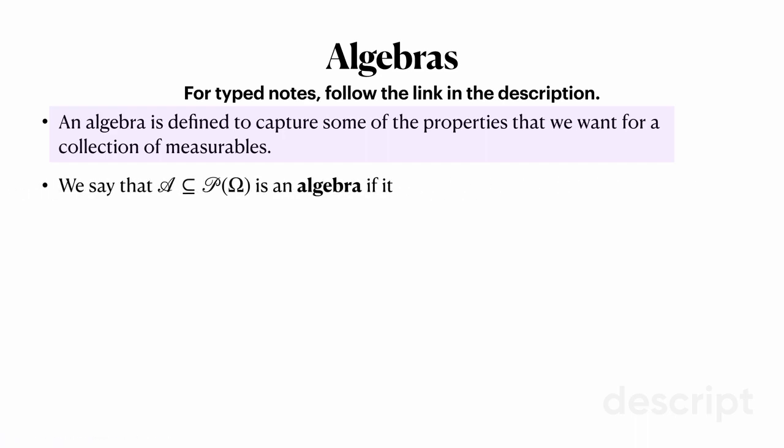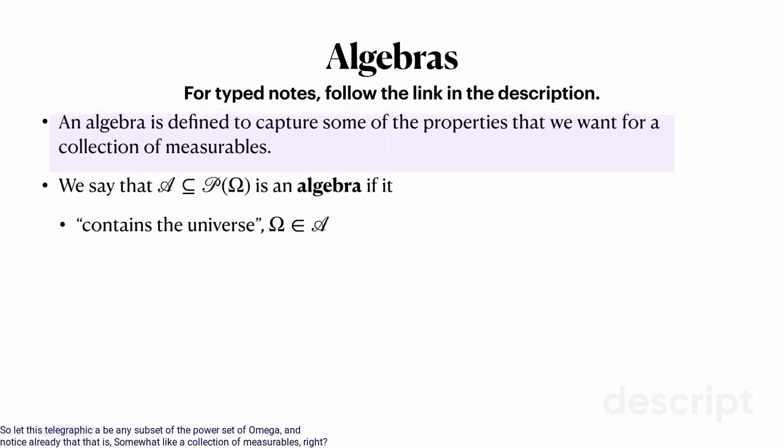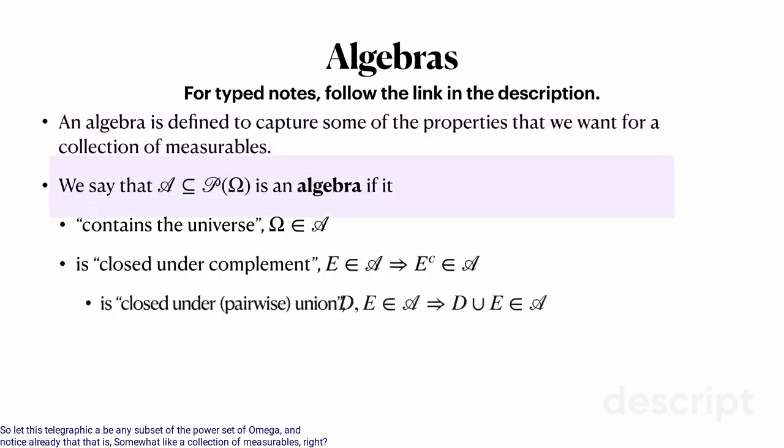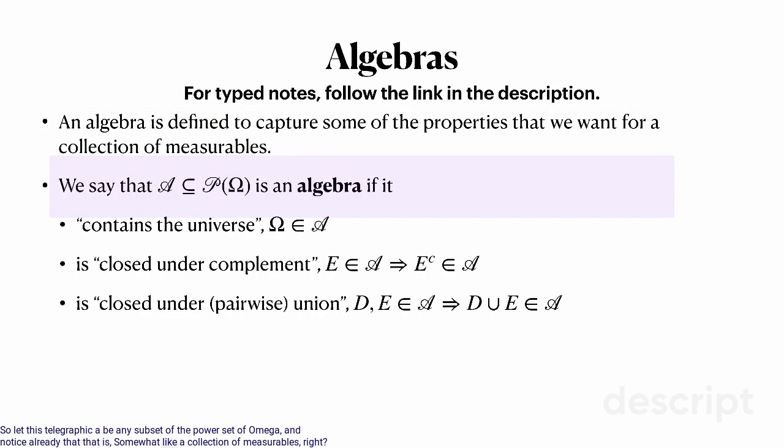Anyway, so let this calligraphic A be any subset of the power set of omega. And notice already that that is somewhat like a collection of measurables, right? A collection of measurables is always going to be a subset of the power set of omega, as we said earlier when discussing the canonical examples and the vocabulary associated with that.